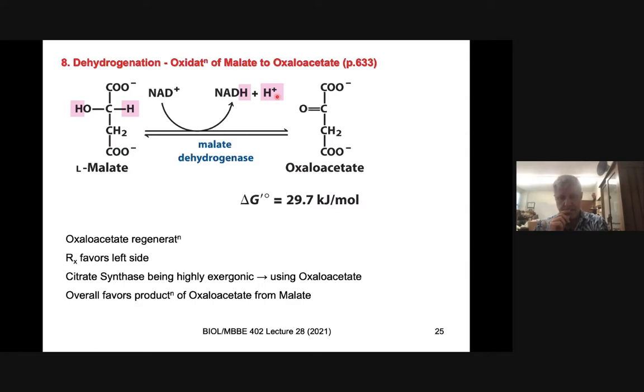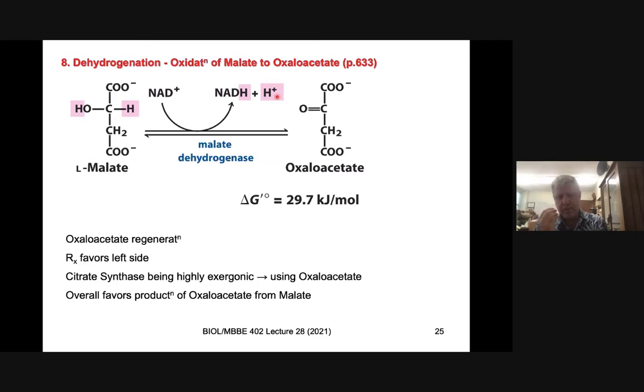So the reaction which the oxaloacetate feeds is a highly exergonic reaction in regards to the citrate synthase. So we can have that energy system feed some of this, which I think is above 33 kilojoules per mole.